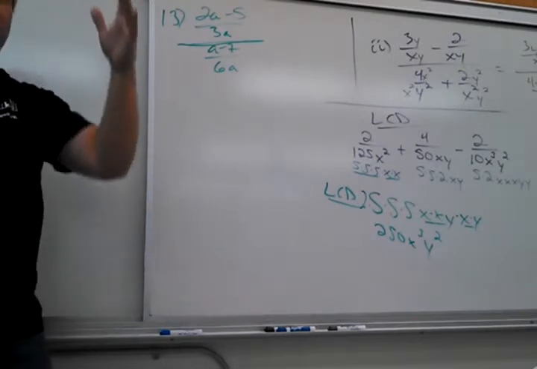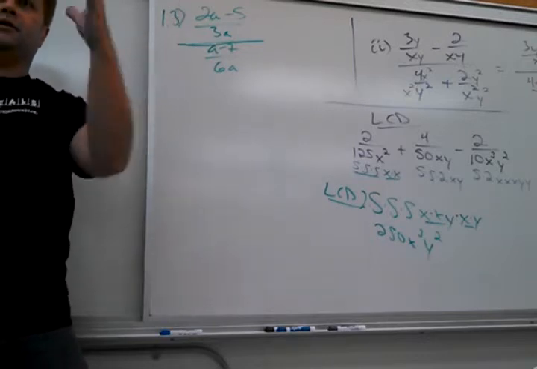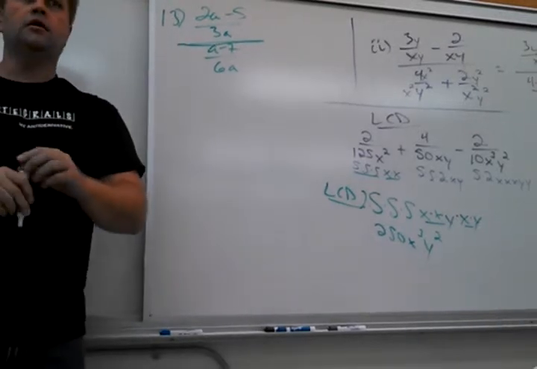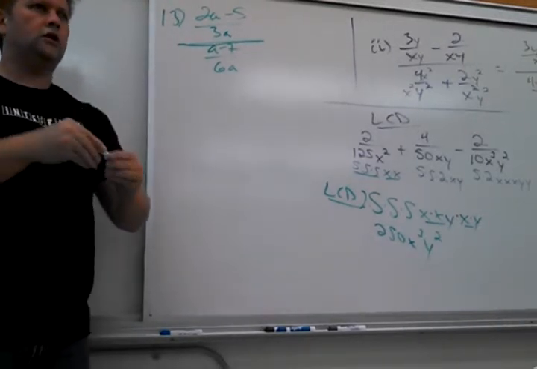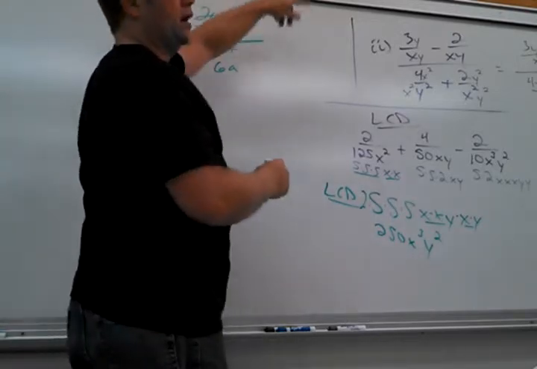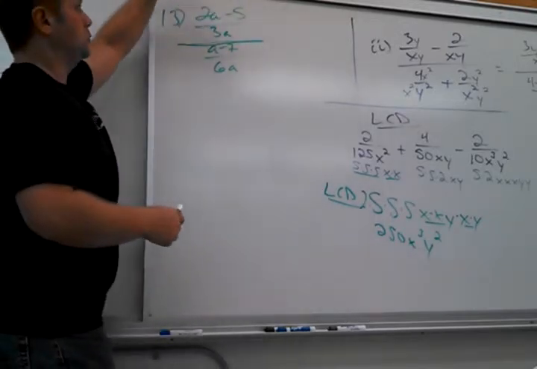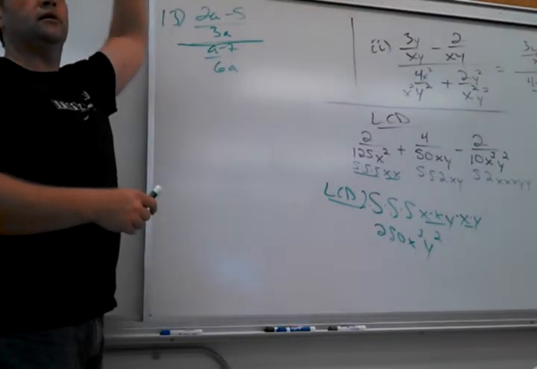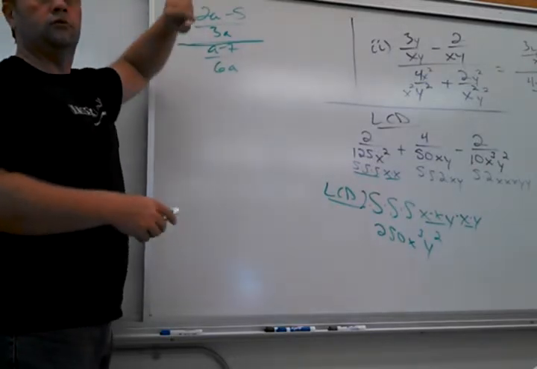So this is nice. This is like the other problem, but somebody's already combined the top and bottom. So either way you want to do it, it's going to be easier. You can flip this and multiply and reduce, or you can just multiply top and bottom by 6a. Cool.